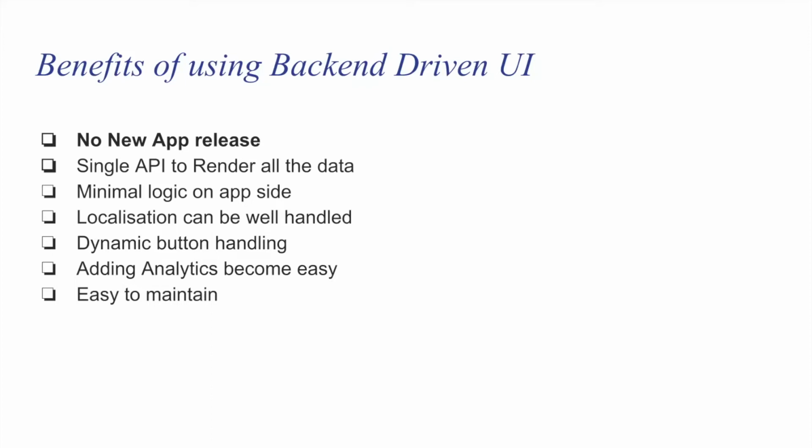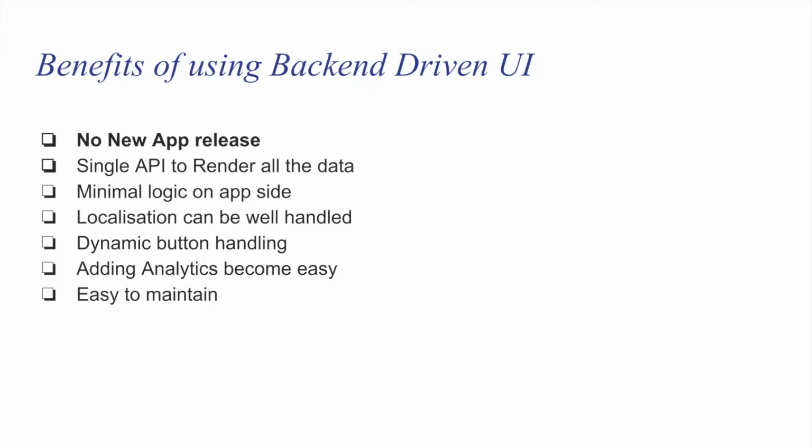So we would get a deep link from the backend. Whenever we tap that button, it will check if we have already registered that deep link in our app. If it's registered in our app, we will open the search screen. So dynamic transitions, or you can say dynamic button handling, become very easy using backend-driven UI.